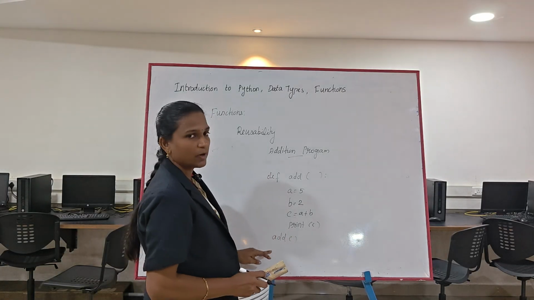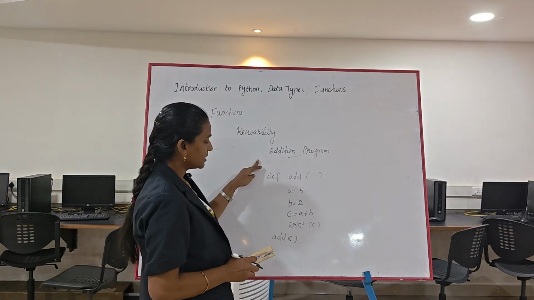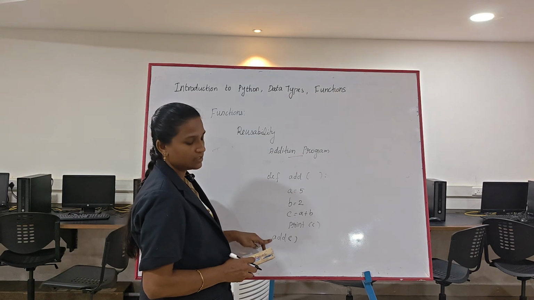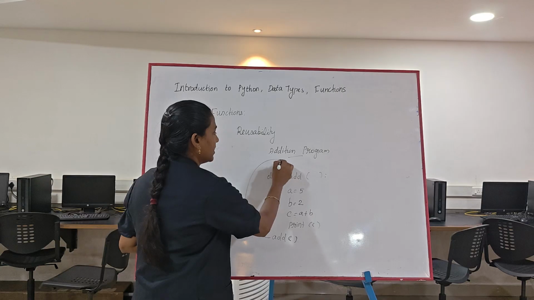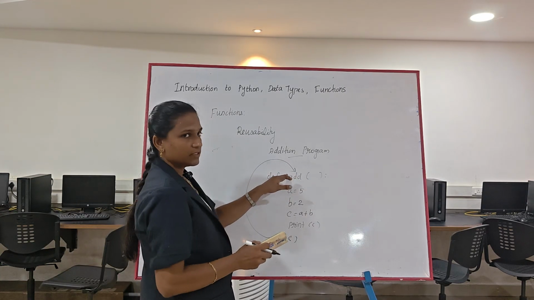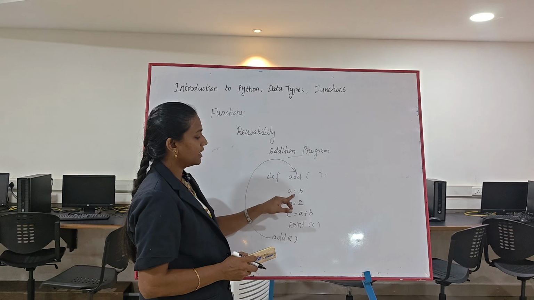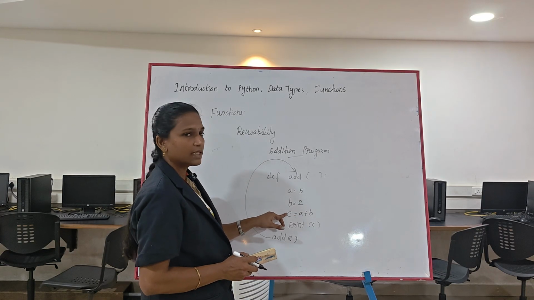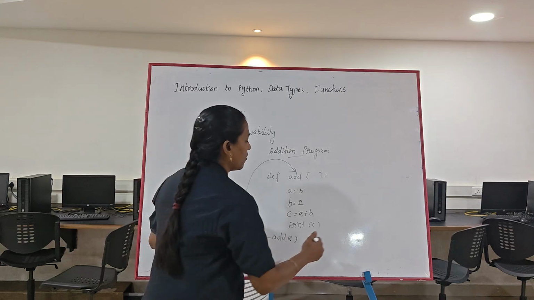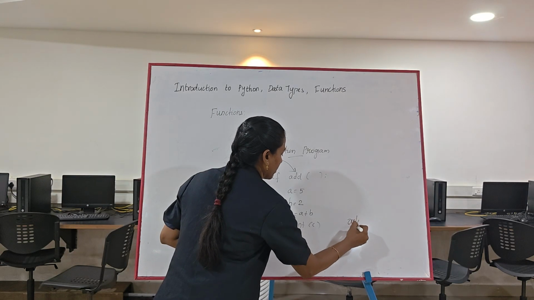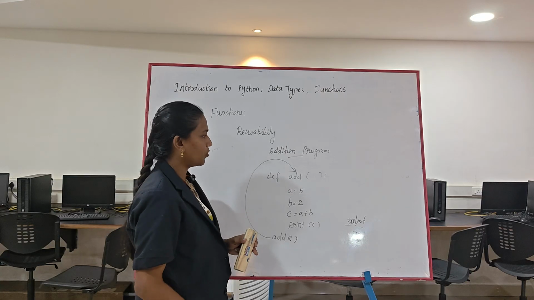If you write a program like this, the cursor will come to the function calling. Here is the function calling. It calls the function definition, so it will go here. A is assigned the value 5, B is assigned 2. Then it calculates C is equal to A plus B. Finally it prints C. So our output will be 7.